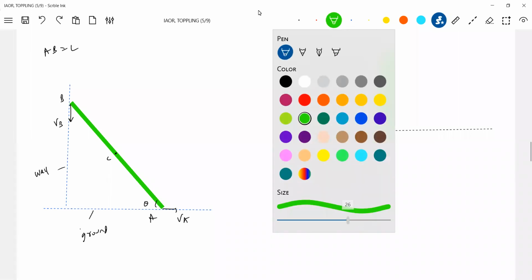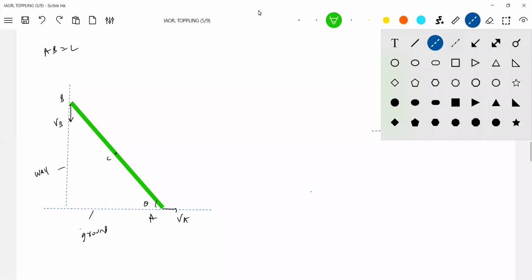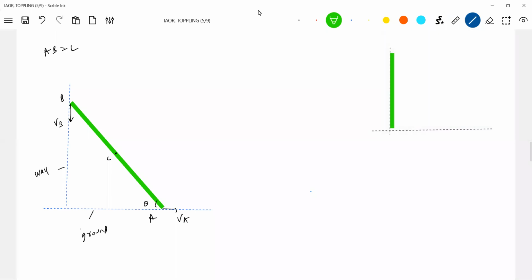After some time, it will take a position like this, and after some time, it will be like this. So this is the end A, this is end B, this is end A initially. So finally it will be like this: B1, A1, B2, A2.